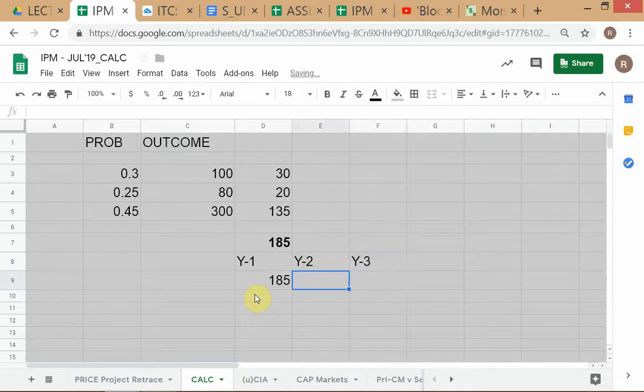The point I'm trying to make is that what you're accustomed to doing in your present value calculations, when calculating the present value of the returns from a project, is that you expect the first year cash flows to be 185 and you directly plug in 185 from somewhere.